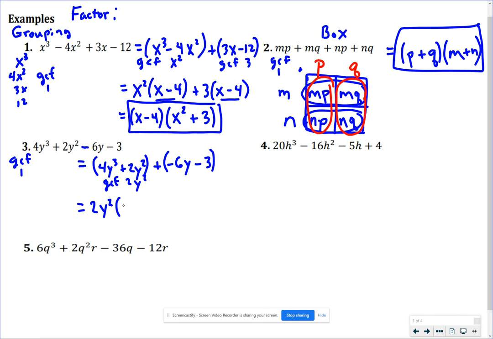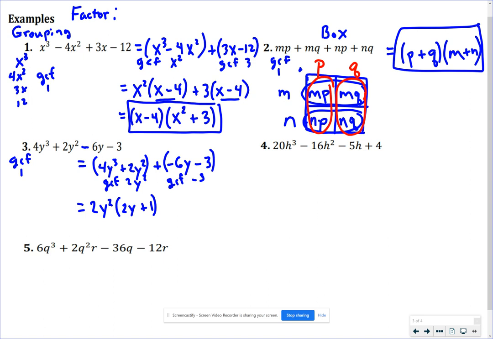and if I divide out a 2y squared from the first term, I still have a 2y. 4y to the third, when I divide by 2y squared, is 2y. When I divide 2y squared by 2y squared, I have a 1. Now, for my second group, my GCF needs to be a negative because that first coefficient is a negative 6.